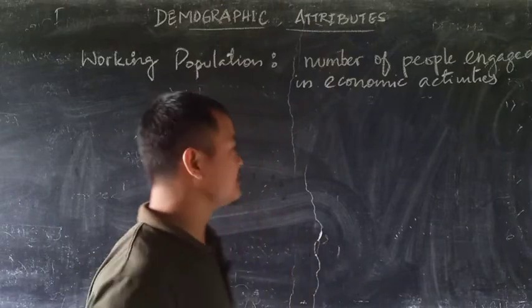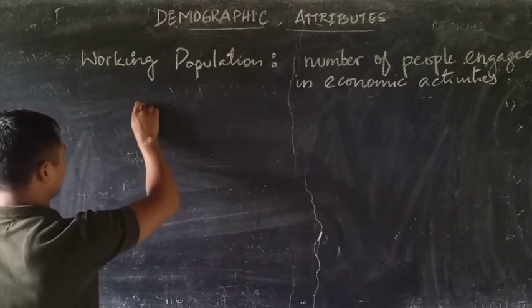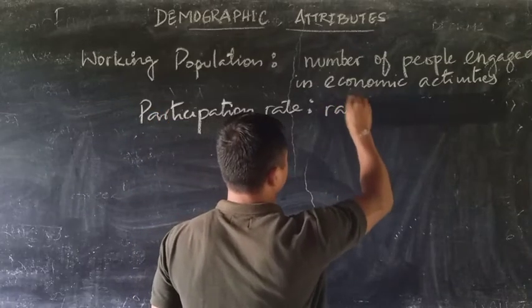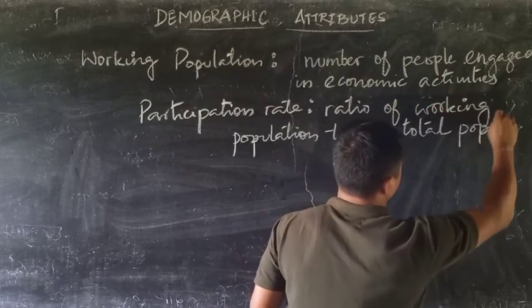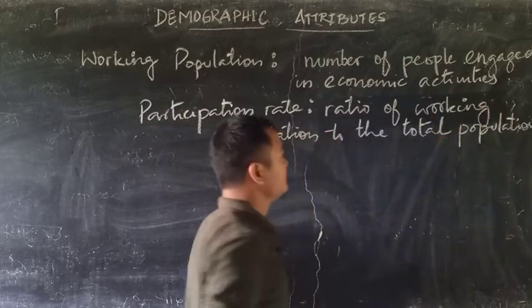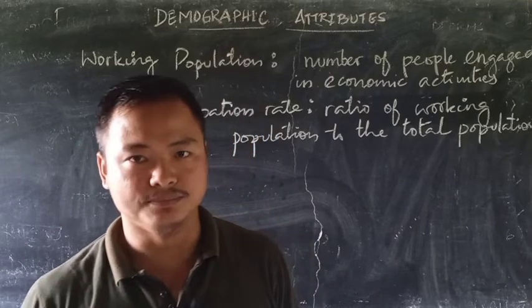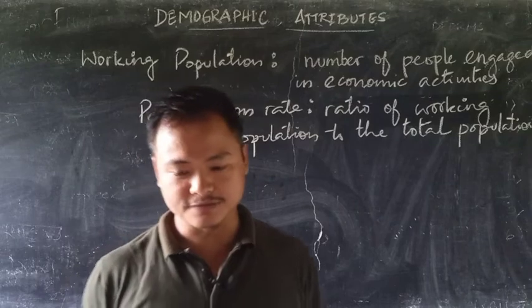So when we see this under the working population, the participation rate of the population. You can define participation rate as the ratio of working population to the total population of India.